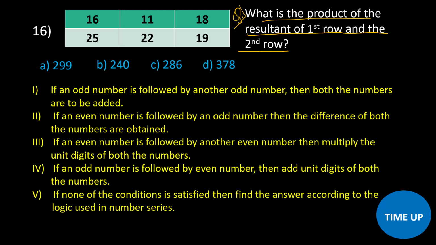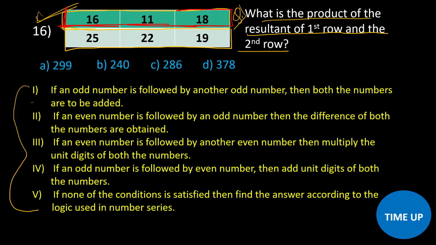See, a table format is given to you, correct? And some conditions are given to you, 5 conditions, correct? So what you need to do here? First, you need to take the first row, and the second row is this.